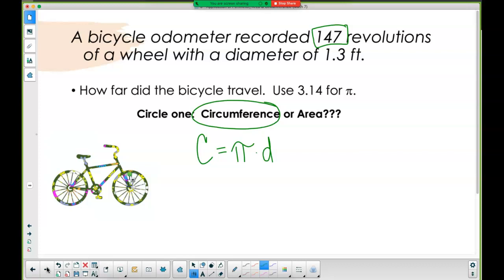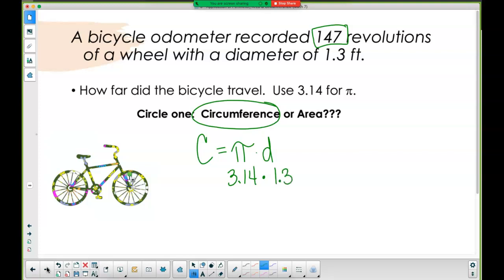So I fill in what I know. Pi is 3.14. The diameter is 1.3 feet.